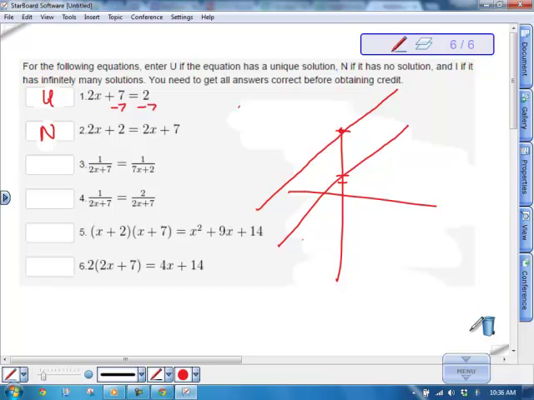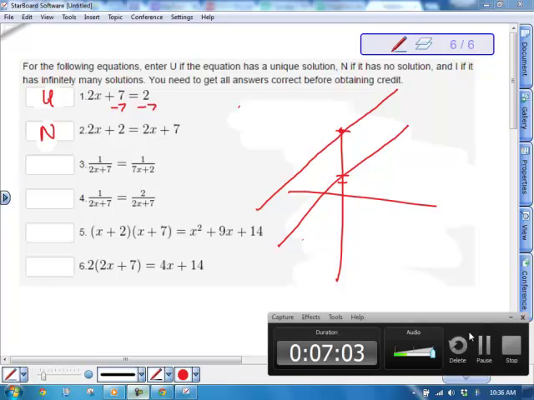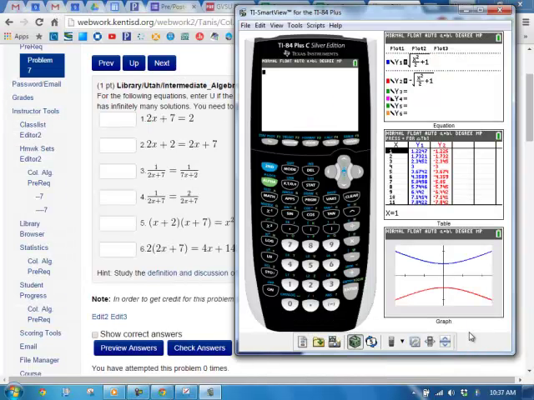Okay, for the next one, it looks like there might be one unique solution, but I'm not sure. For this one, I'd probably just graph both the top and the bottom in your graphing calculator. Might be the easiest way to go, so let me pull that up. All right, so let's enter both of these in.